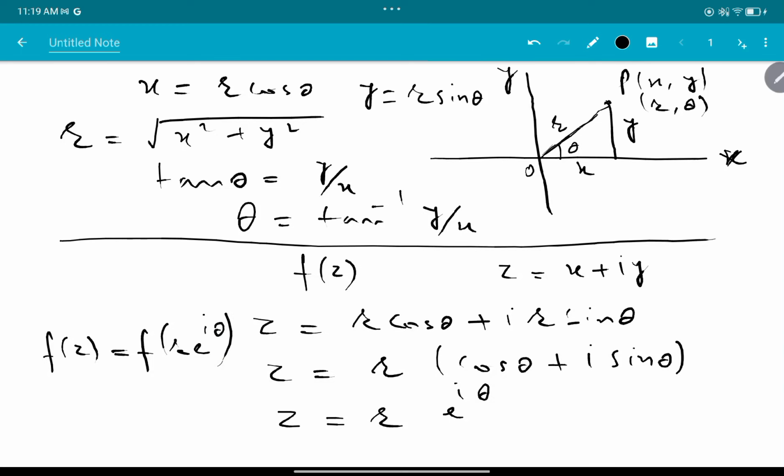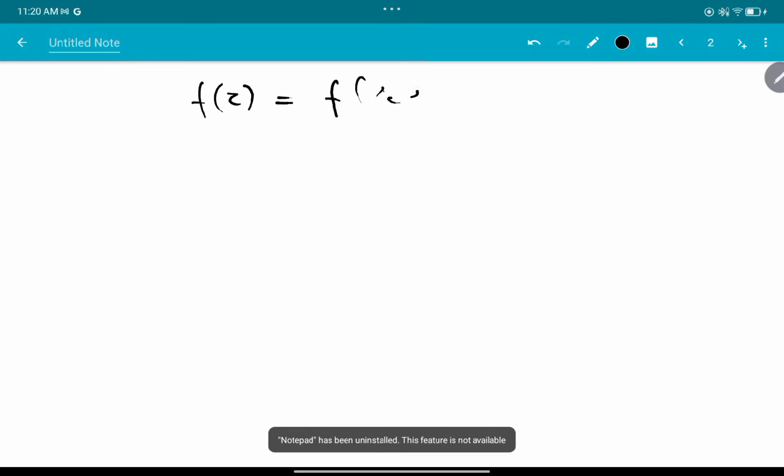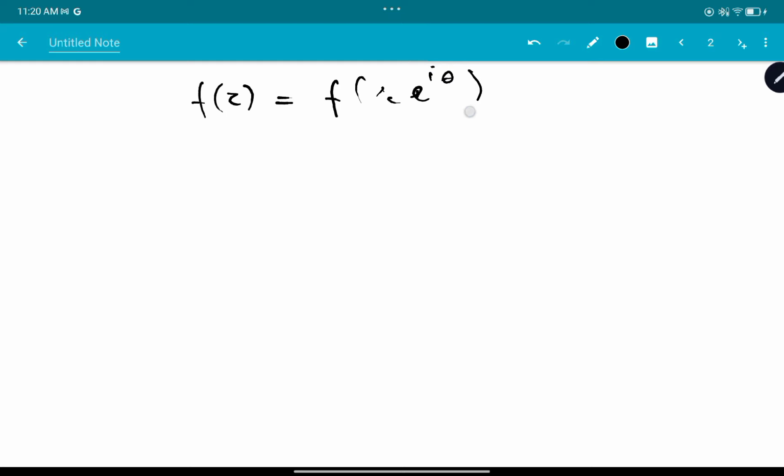So f(z) is equal to f of r e raised to i theta.